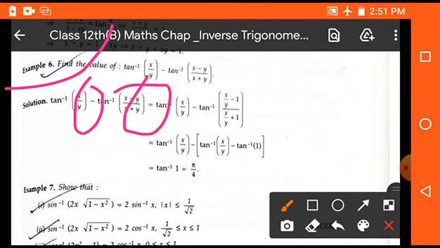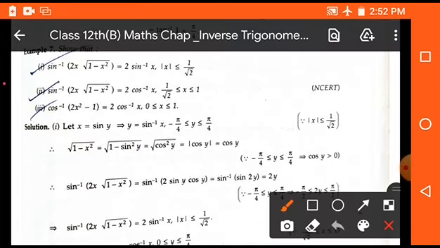By applying the formula, we can write tan inverse x upon y minus tan inverse x upon y minus 1 upon x upon y plus 1, by taking y as common. Now you can write tan inverse x upon y minus tan inverse x upon y minus tan inverse 1. So tan inverse x by y will be cancelled out, and finally we get tan inverse 1, and tan inverse 1 will be equal to pi by 4.